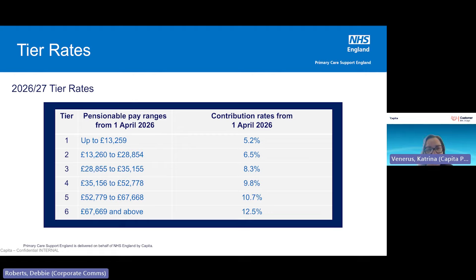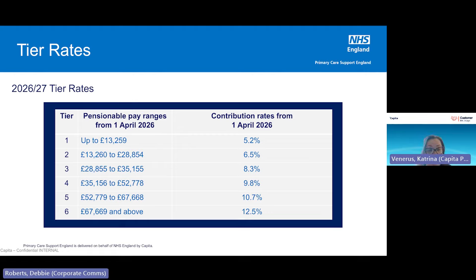Essentially all you're doing with the estimate is looking at, to the best of your knowledge, what the estimated annual income will be for the salaried GP, the GP partner or the non-GP partner, and then looking at the relevant tier rate table. So it'll be the tier rate table for 26-27, and you're looking at the estimated income you're expecting for the year for this particular member, which salary bracket that falls into, and therefore which tier rate you select on the estimate form.